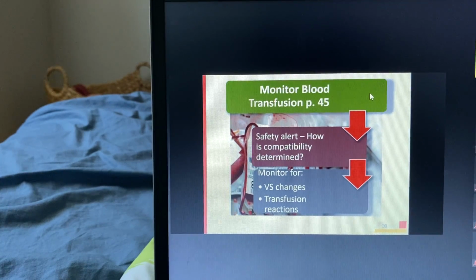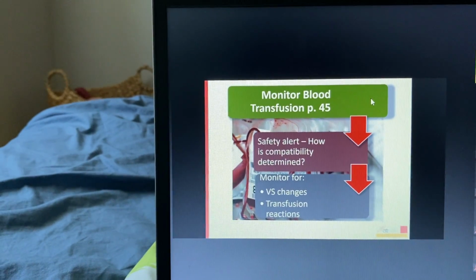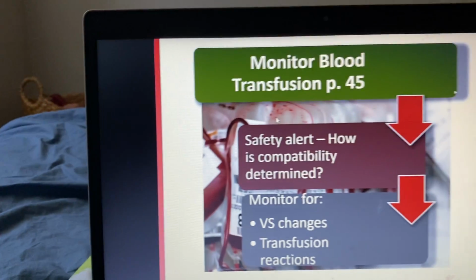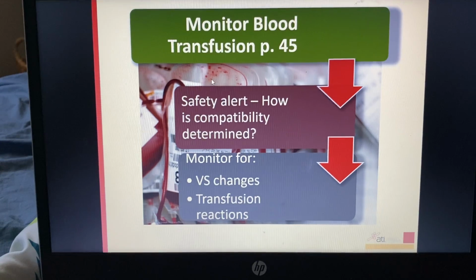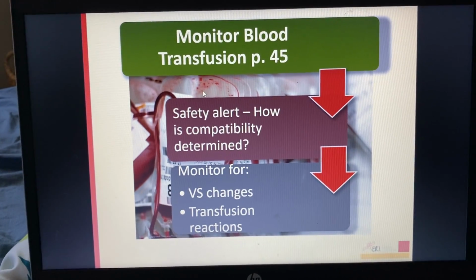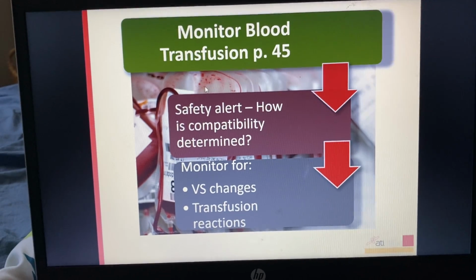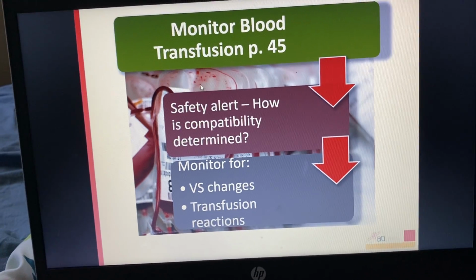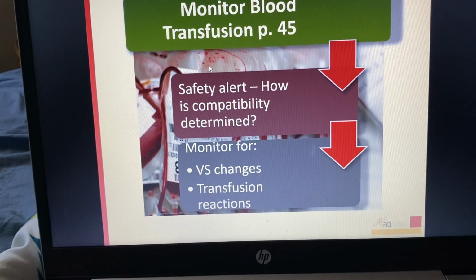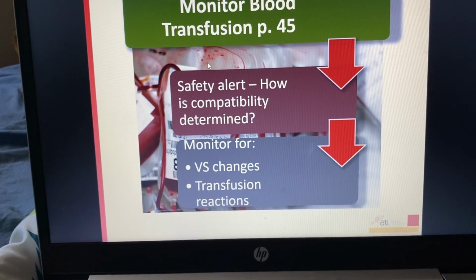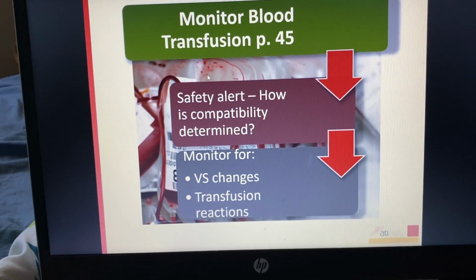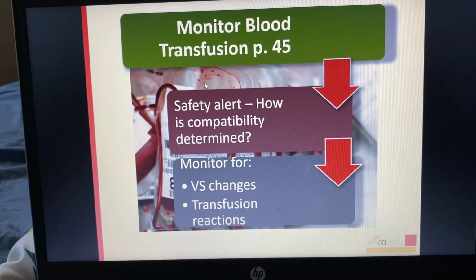When we give blood, a lot of what we're doing is monitoring for transfusion reactions. Most typical transfusion reactions can be allergic reactions where they just have some itching, all the way up to a hemolytic transfusion reaction where they get the wrong type of blood, and that blood is being destroyed in their body. Their body is recognizing it as foreign, attacking it, and breaking it down, causing it to hemolyze, we call it.